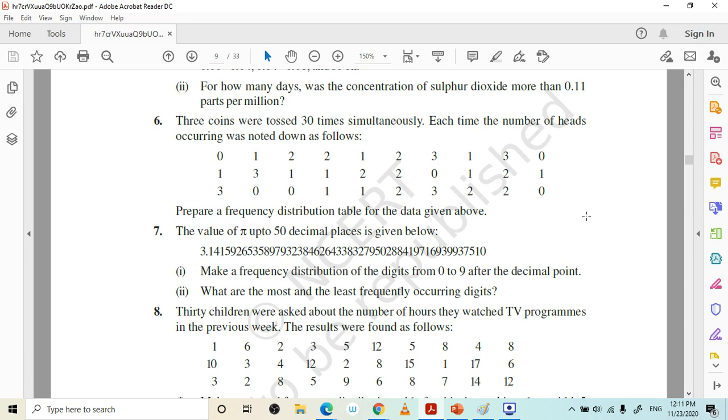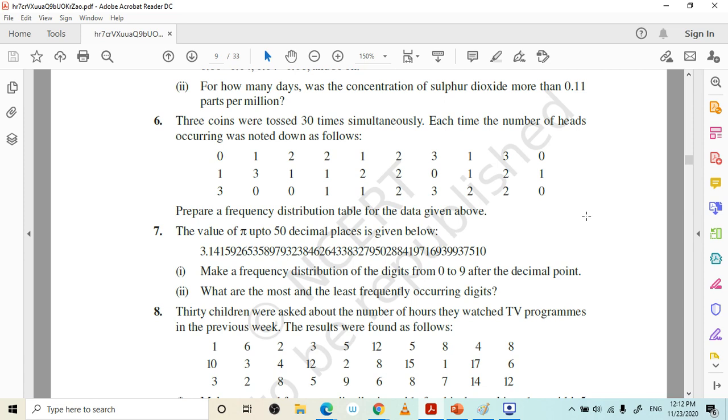Which frequency will you take? Which class interval will you take? No, not the number of. I'm not asking that. What I'm saying is 0 to 5, 5 to 10, 0 to 2, 2 to 4.